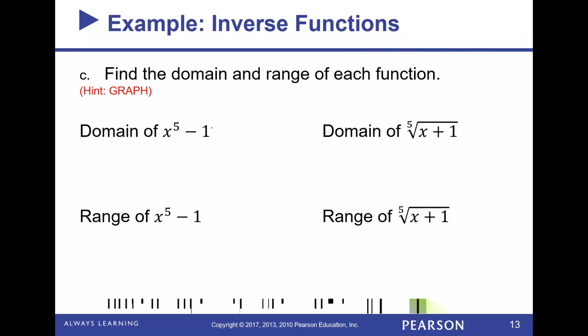So x to the 5th minus 1, I'm going to ask myself that series of questions. Is x in the bottom of the fraction? No. Is x underneath an even root radical? No. Is x in a piecewise function? Is it a word problem?